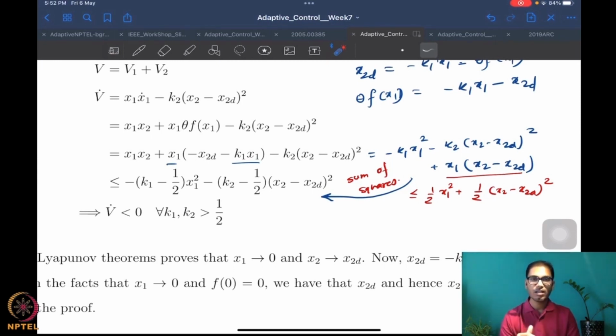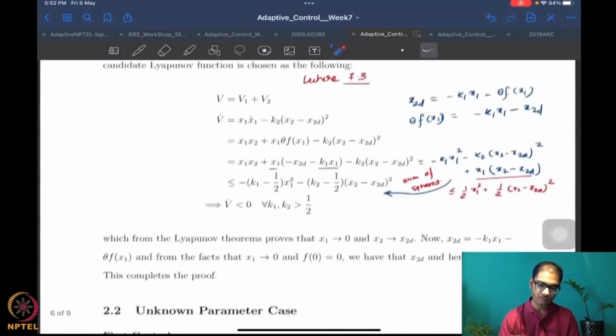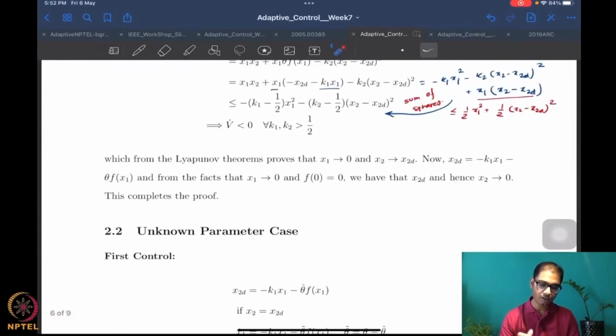So this is why backstepping is a rather universal method of control design that can be used in many different contexts. Anyway, with this, you know that if I choose k1 and k2 to be greater than half, then I have V dot negative definite. Then of course, I can apply the Lyapunov theorem, which immediately proves that x1 goes to 0 and x2 goes to x2 desired.